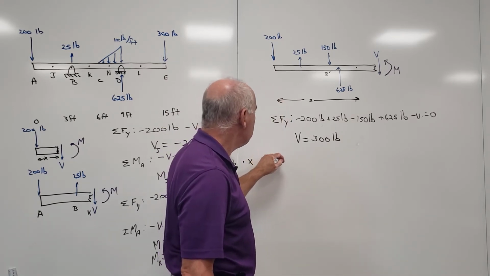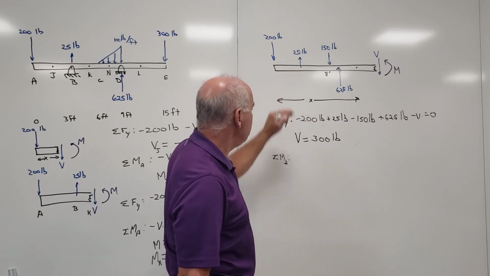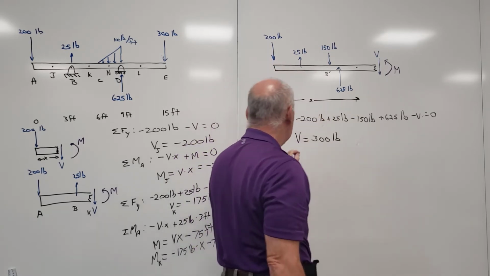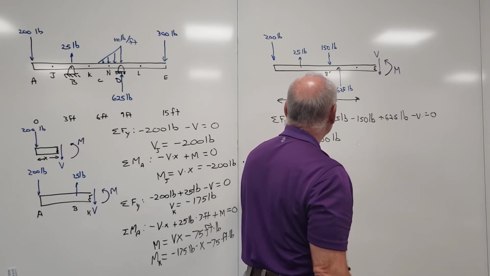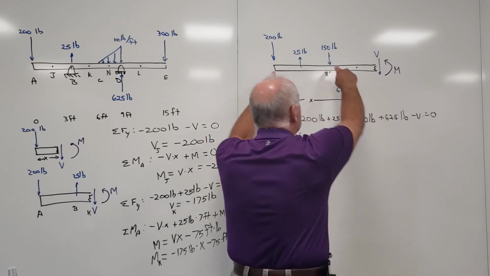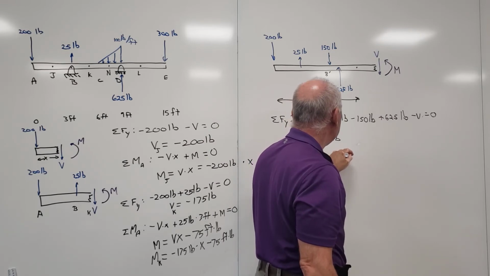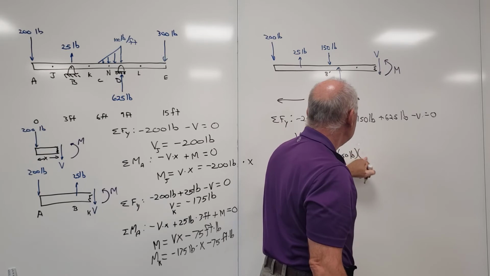And then sum of the moments again around A. So 200 doesn't do anything, 25 pounds. 25 is trying to rotate it counterclockwise, so 25 pounds times 3 feet. This is trying to rotate it clockwise, so minus 150 pounds times 8 feet.